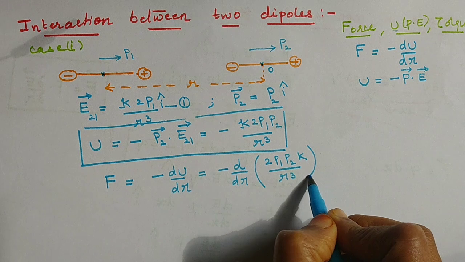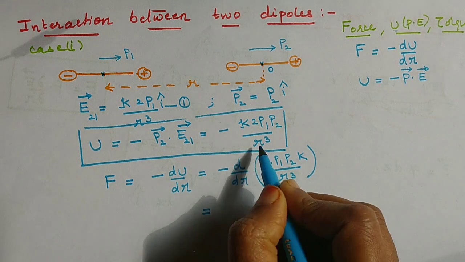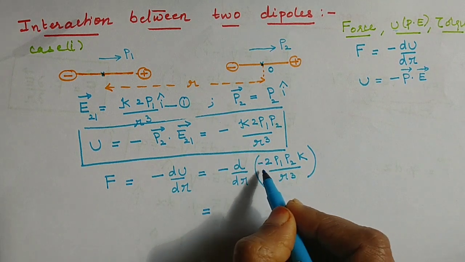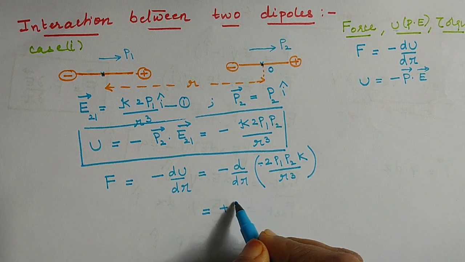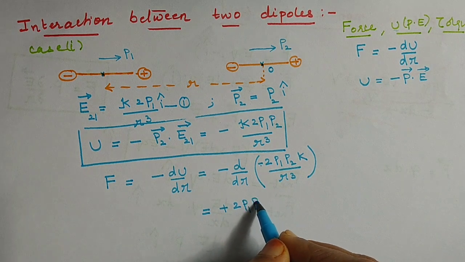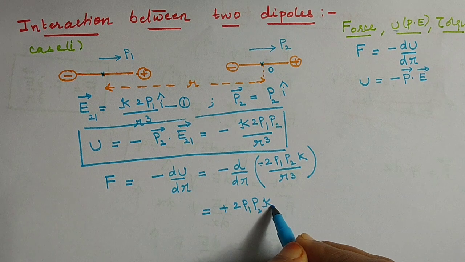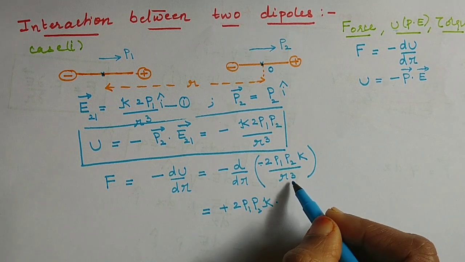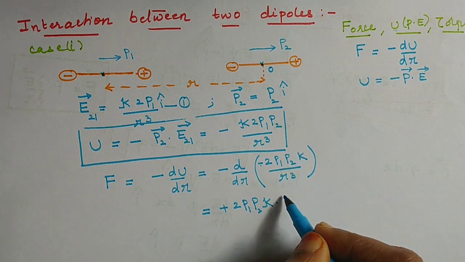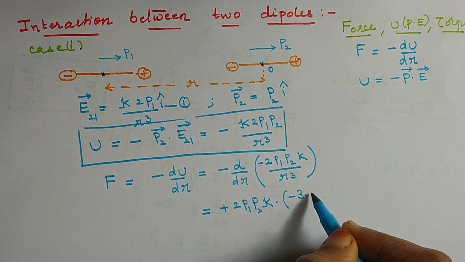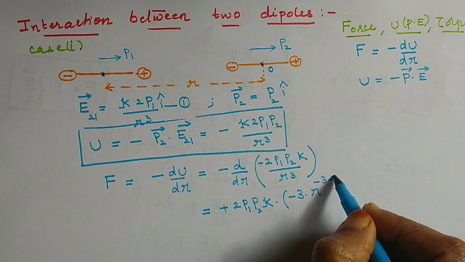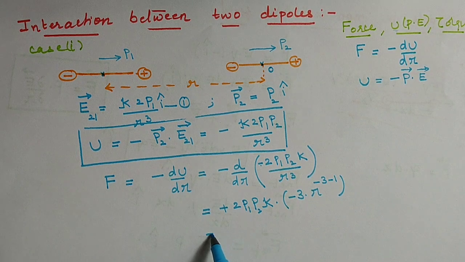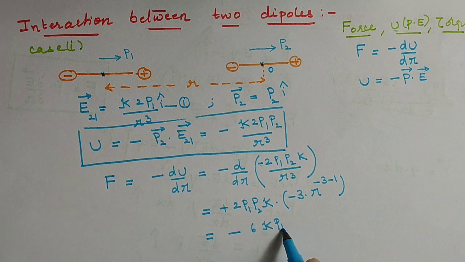Remove the constants outside, there is a negative sign for potential energy, so minus and minus will become plus. 2 is constant, P1 constant, P2 also constant, 1 by 4 pi epsilon naught also comes out. Differential of 1 by r to the power 3, that is r to the power minus 3, is minus 3 r to the power minus 3 minus 1. So your answer would be minus 3 into 2, 6 K P1 P2 divided by r to the power 4.